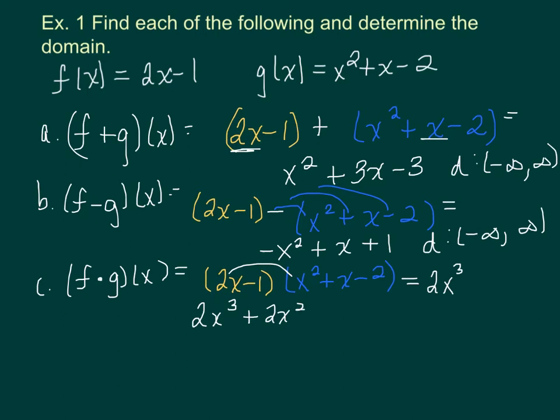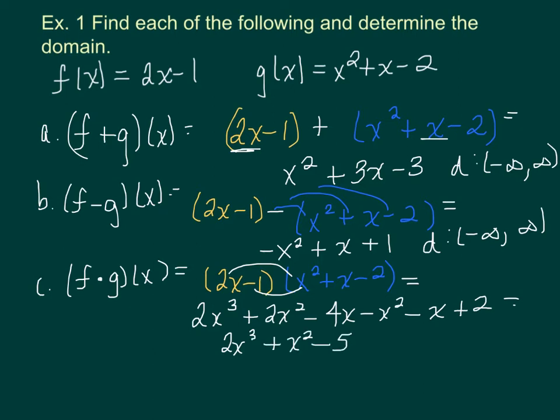And then the 2x times negative 2, which is negative 4x. And then I'll do negative 1 times everything, so that'll be negative x squared, negative x, and positive 2. And then you just combine like terms. Okay, and your domain is still the same.